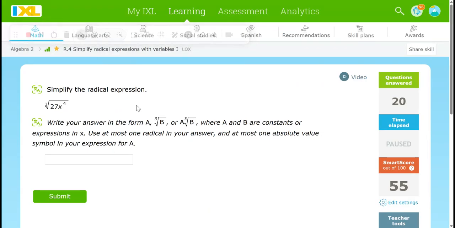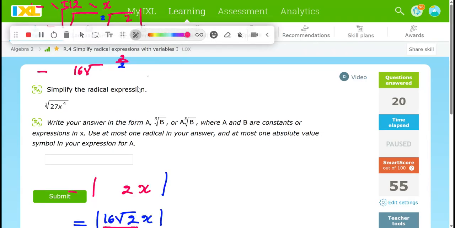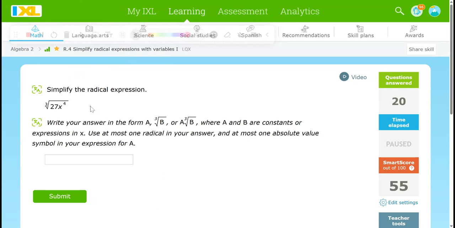Okay, so now I would break them apart as cube root of 27 and then cube root of x to the 4. Cube root of 27, that's the number 3. And then this is cube root of x to the 4, but 4 is not divisible by 3. So what should I do?